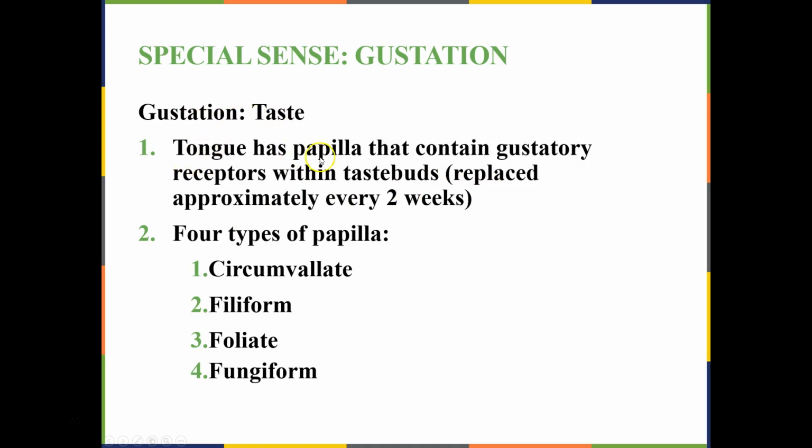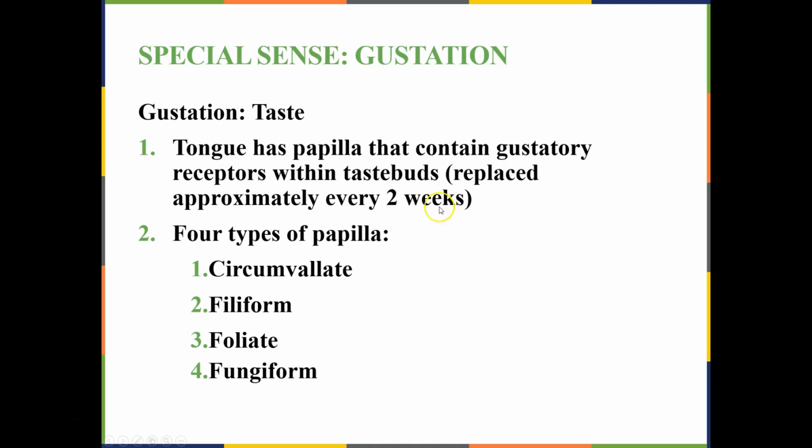Chemoreceptors are located within papilla that are found on the tongue. The papilla on the tongue contain what we call taste buds, and taste buds are where the receptors are located.